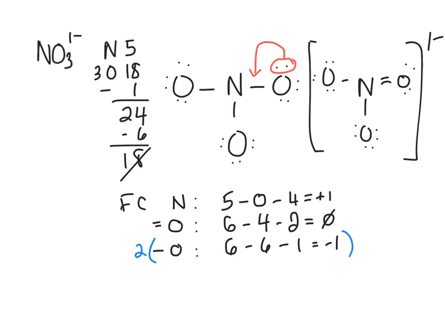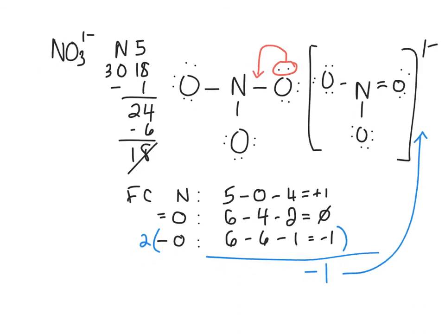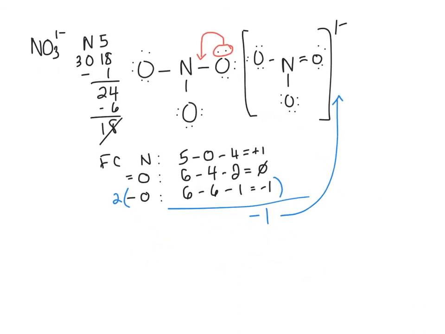So the total here is -2. -2 and +1 is -1. So they add up to give you the charge on the ion. It would be better if we could have a formal charge of 0 on as many atoms as we can. So let's just take a look at what we would have to do that.